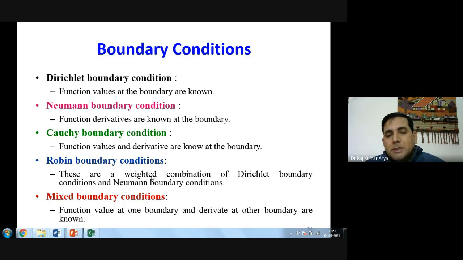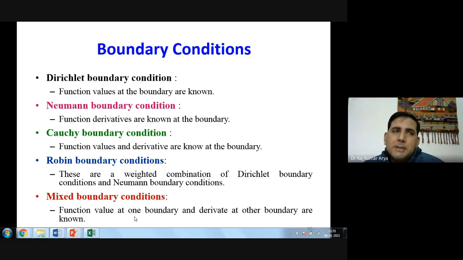Those are called Robin boundary conditions. Next is the mixed boundary condition. In that case, at one end you know the temperature, or let's say the function, and at the other end you know the derivative. That's called a mixed boundary condition.